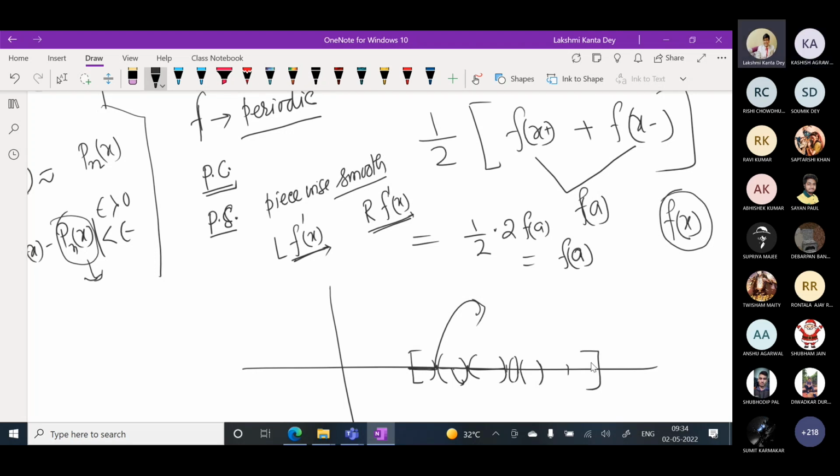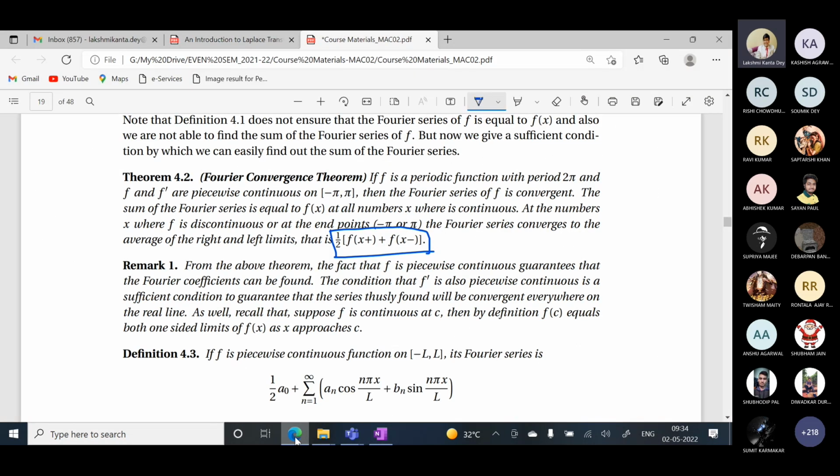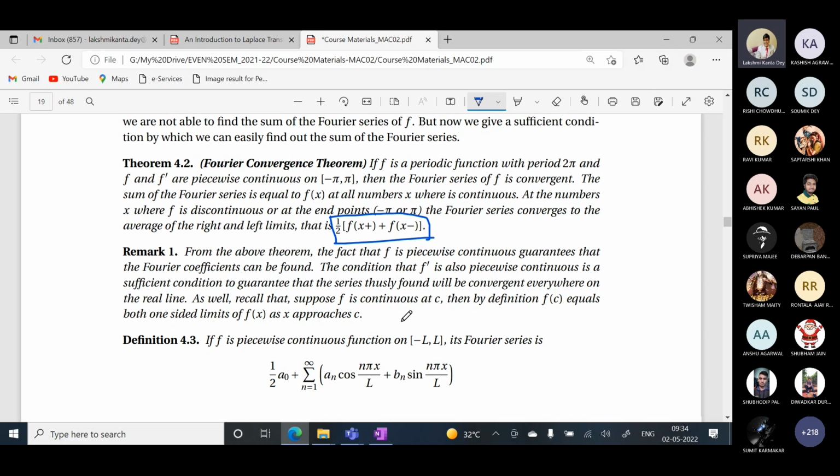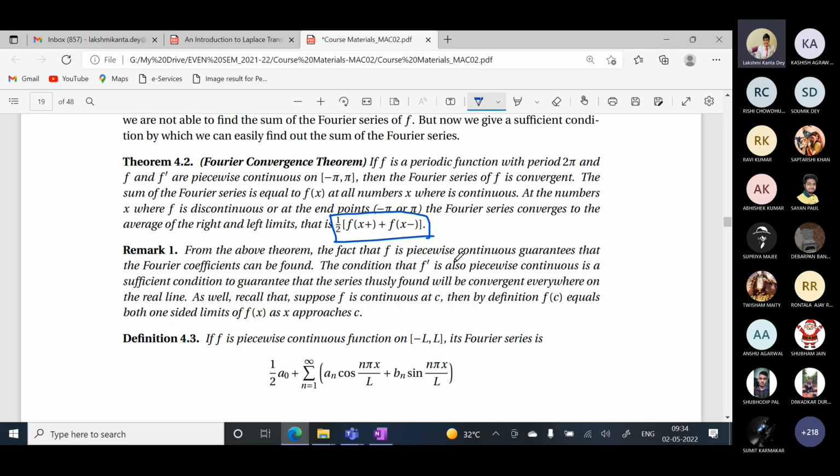Now I would like to tell you one remark from the above theorem. Only if we assume that f is piecewise continuous, then it will give the guarantee that the Fourier coefficients can be found, that means we can find an and bn.